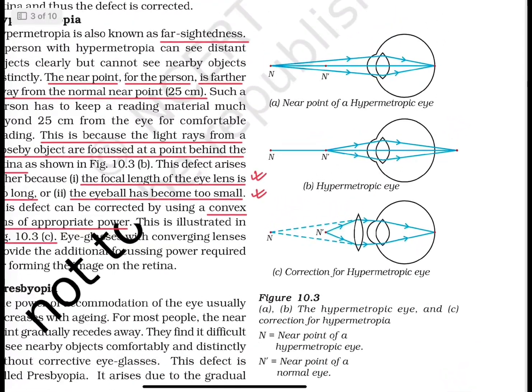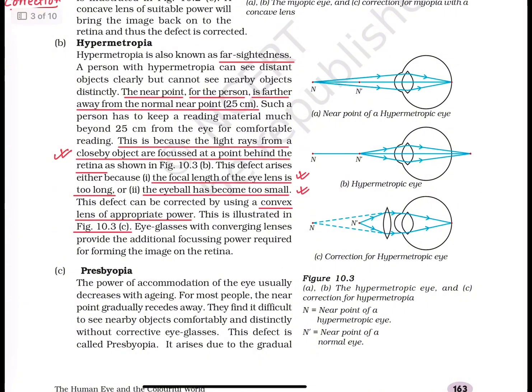If we look at figure A, near point of hypermetropic eyes, you can observe that the person is not capable of observing the object at the normal near point, that is 25 centimeter. He is capable of observing objects only at a new near point that is more than 25 centimeter.